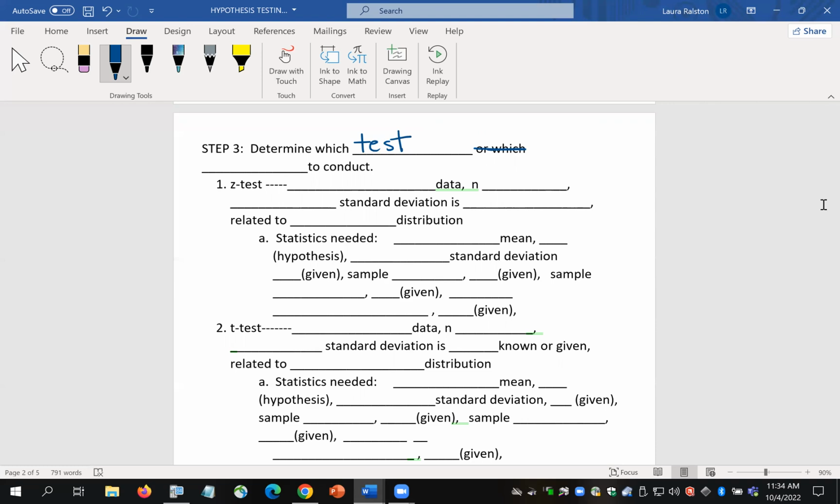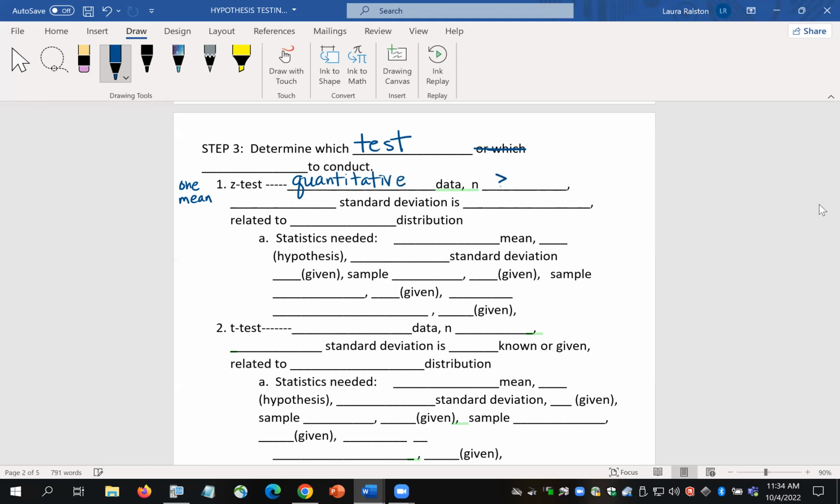One of probably the most popular, one of the ones that's used most often, is you can actually call it a one mean Z test. A one mean Z test is used when we have quantitative data.